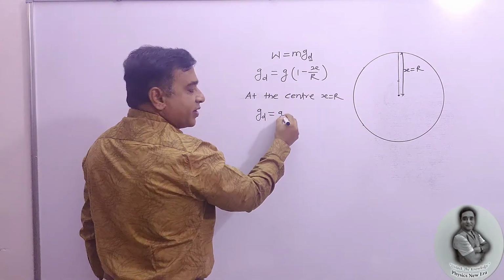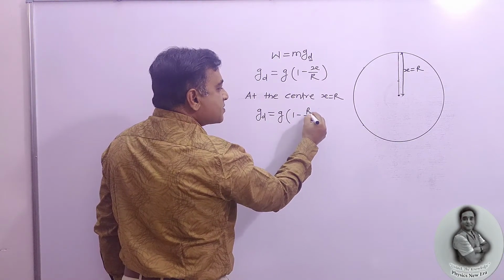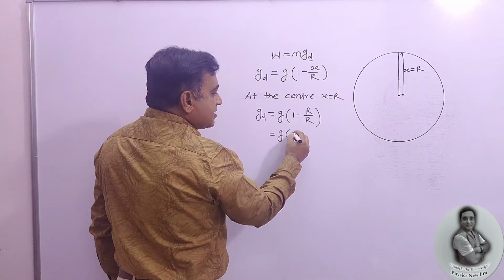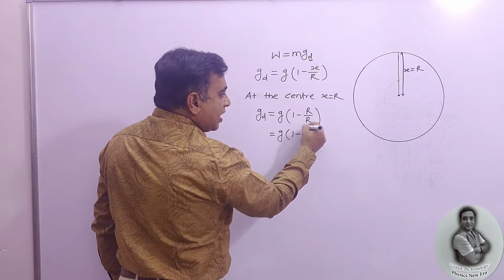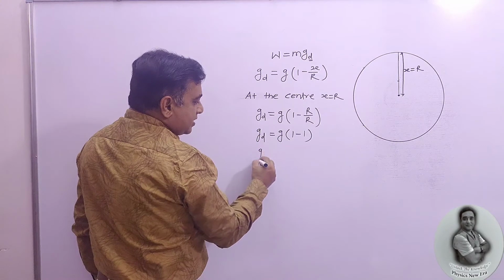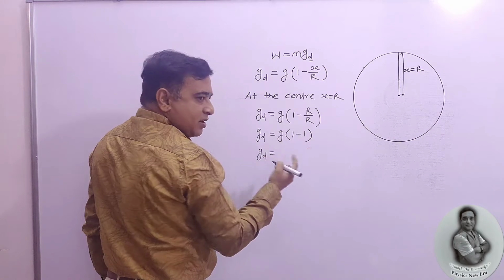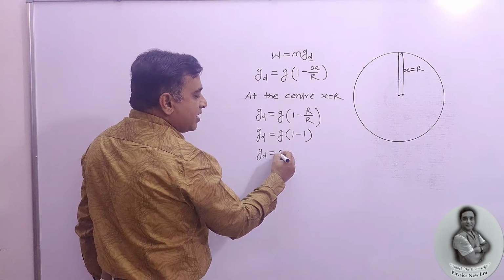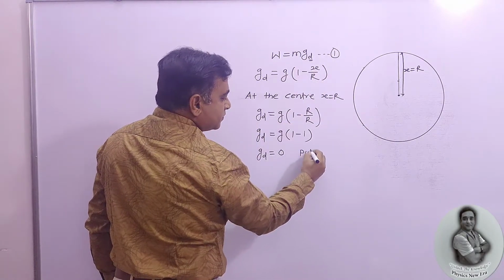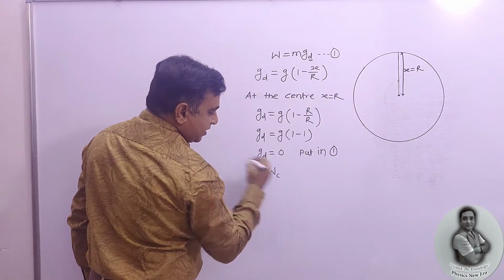Substituting, 1 minus r upon r, so 1 minus 1 is 0. So g_d at the center is 0, and 0 multiplied by any quantity is 0.